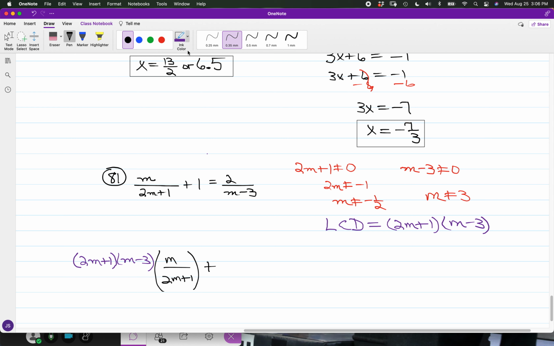So bring down the plus, and this is multiplied by 1 again, and we have the last combination.